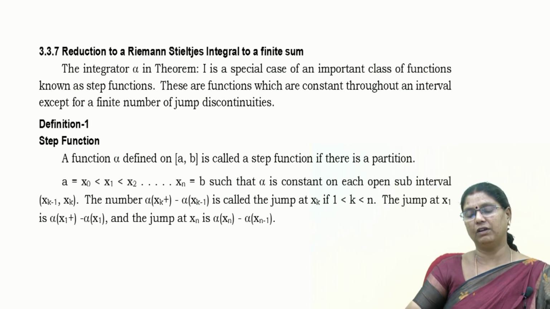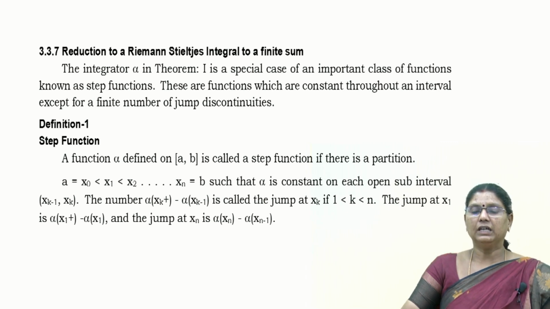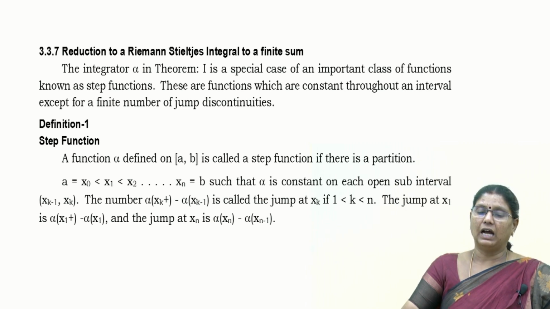Then the number alpha of x_k plus minus alpha of x_k minus is called the jump of alpha at x_k, for 1 less than k less than n. That is, the jump at x_1 is alpha of x_1 plus minus alpha of x_1 minus, and similarly the jump of the function alpha at the point x_n is denoted by alpha of x_n minus alpha of x_n minus.